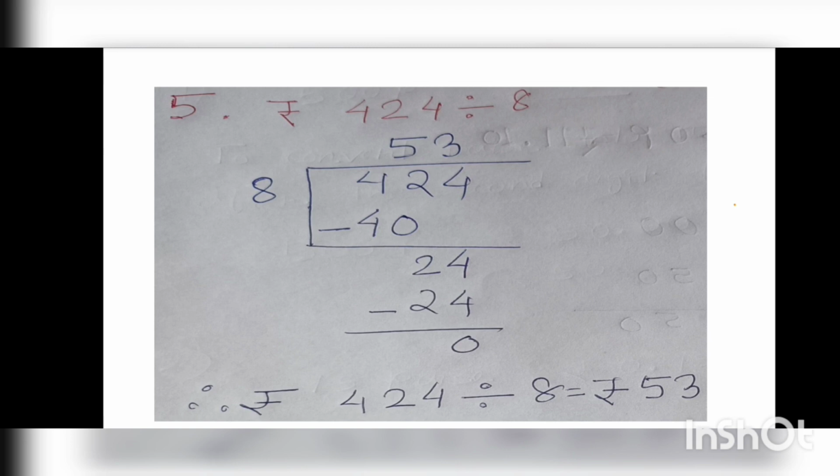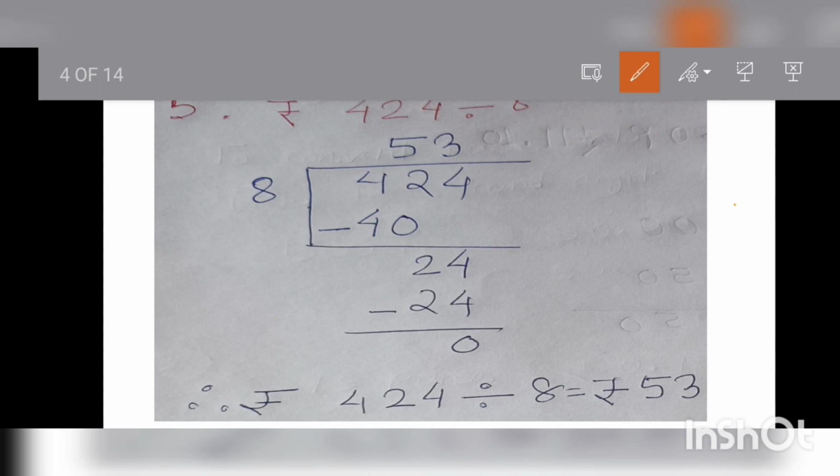Now see, when we divide this 424 by 8, what will come? So when you consider this 4 first, then this 8 cannot divide this 4 because this 4 is a smaller number than 8.